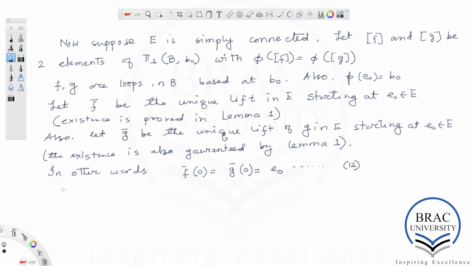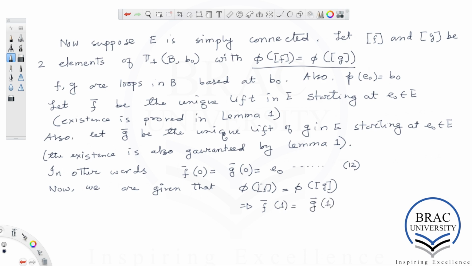Now we are given this fact, right? Now we are given that phi of the class of F is the same as phi of the class of G, which means, according to the definition of lifting correspondence, F bar of 1 is equal to G bar of 1, right?